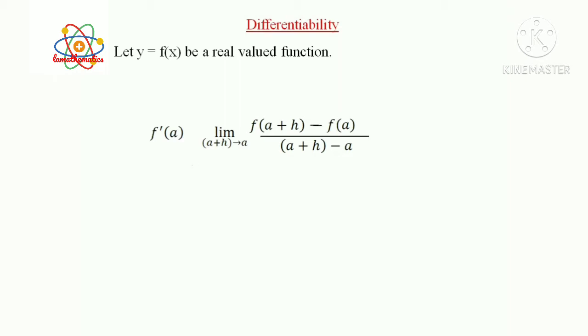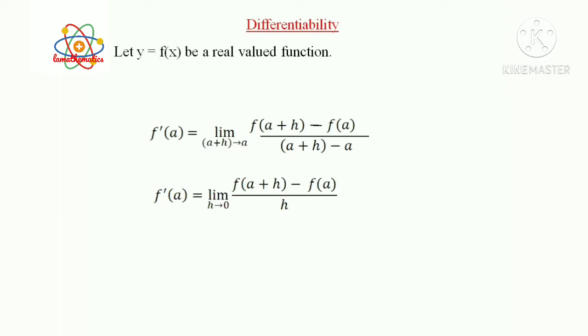That is f dash a equal to limit a plus h tends to a f of a plus h minus f of a by a plus h minus a. On simplification, a plus h tends to a means h tends to 0 and a plus h minus a equal to h.